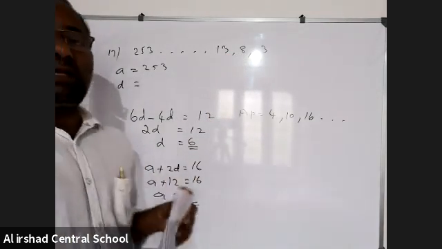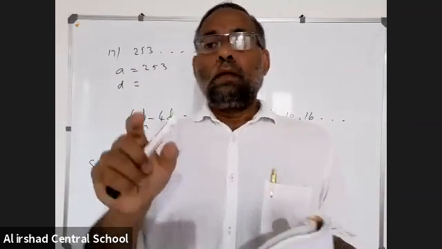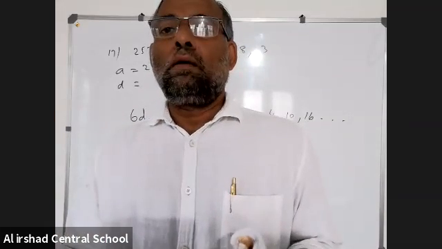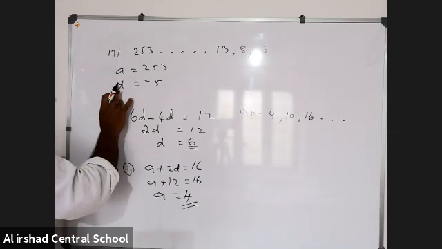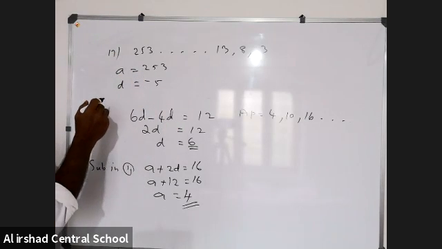What is 3 minus 8? Here only the difference matters. Don't do 8 minus 3. What is 3 minus 8? Minus 5. That is important. Now you got A, you got D. Now find the 20th term.